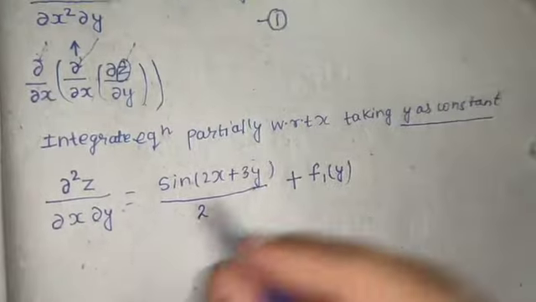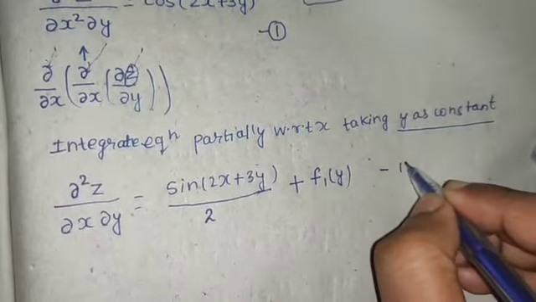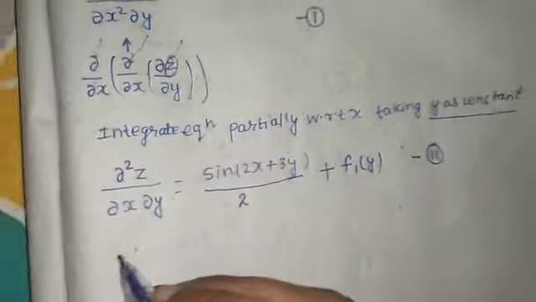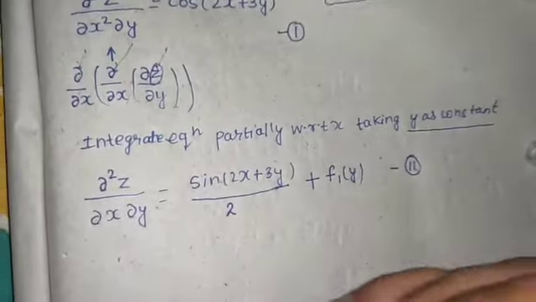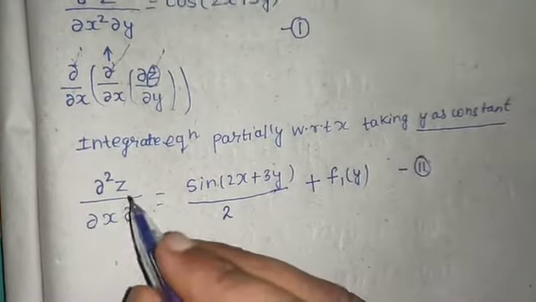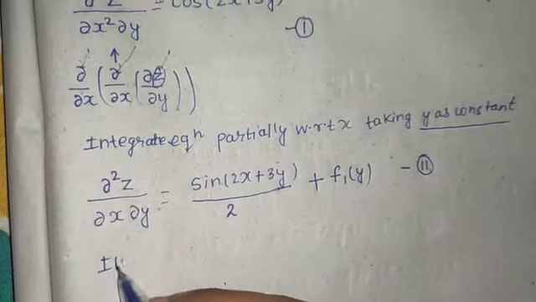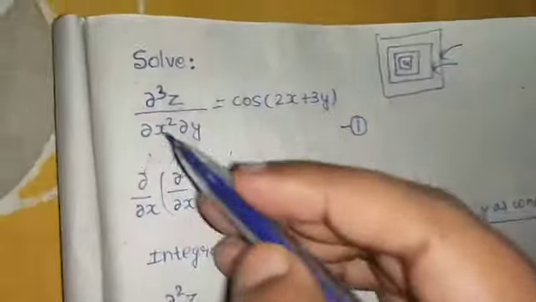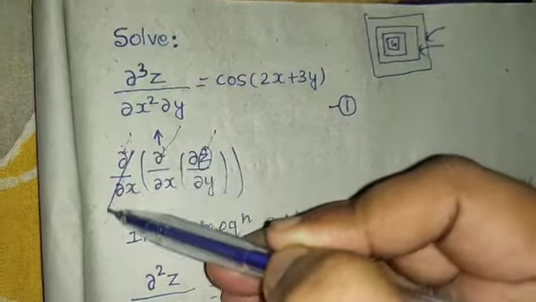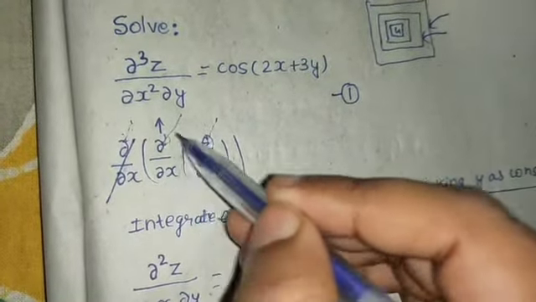Now this was just the first step, so you can name this as equation number 2. I will repeatedly do this until I get z. I have not got z, so I will repeat. Now look at this cover. I have removed this cover. Now this cover I have to remove.